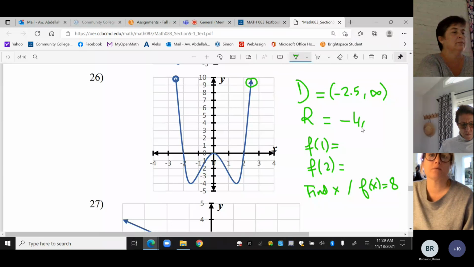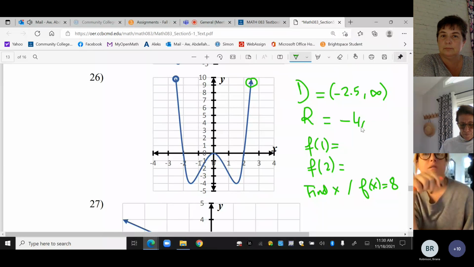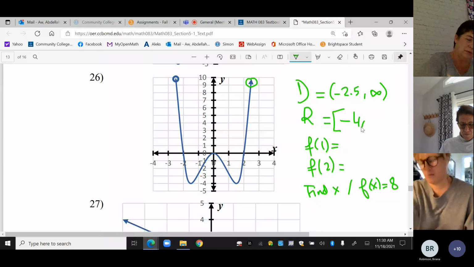Parentheses. You see, there is nothing here that tells me otherwise. The only time we don't put brackets is if you have an open circle. So that is a bracket. Now, what is the maximum y? Do we reach any maximum here?